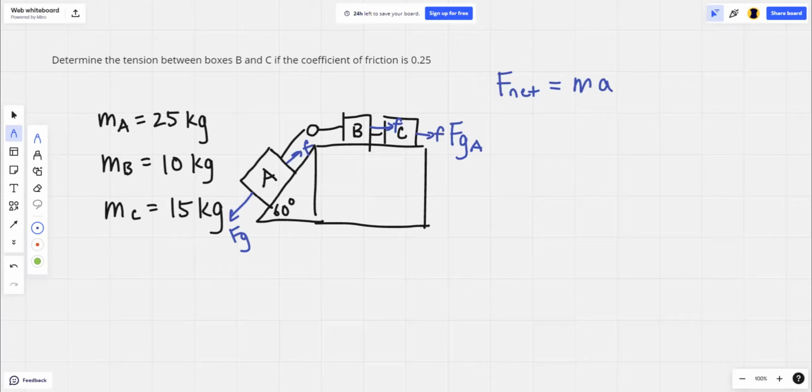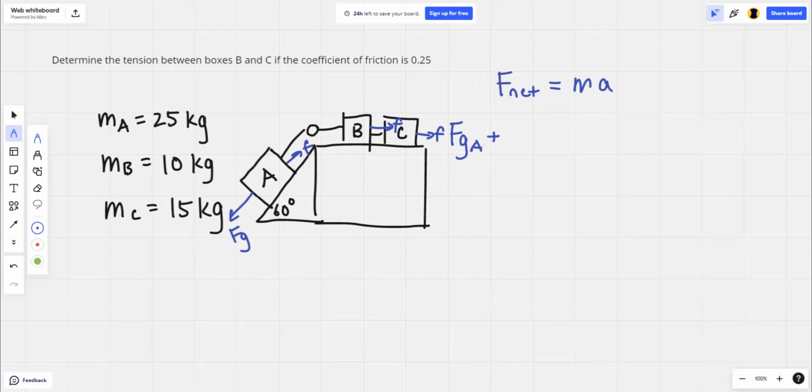So when you're writing this formula, first you want to write it just adding everything up, and then you can use negative for the different directions. So we're going to add up all the forces.